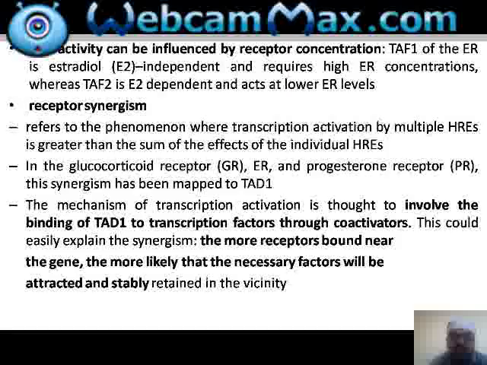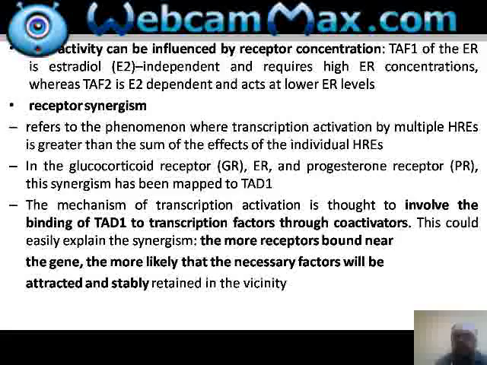We have seen that the binding of TA to a transcription factor may involve a coactivator, and if a receptor binds nearer to the gene, it is more likely that the factors will be attracted and the stability will be retained. So that will help in the transcription process.